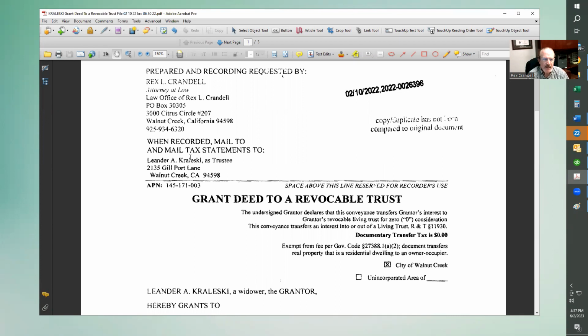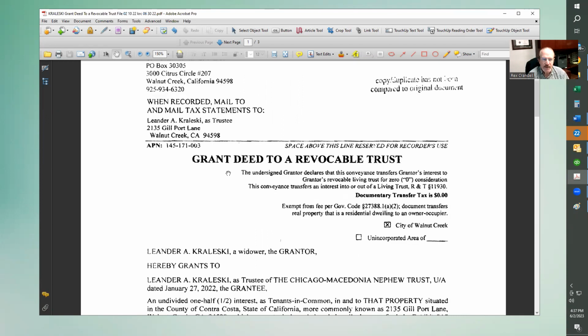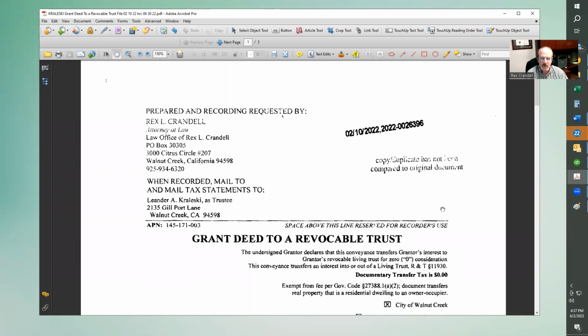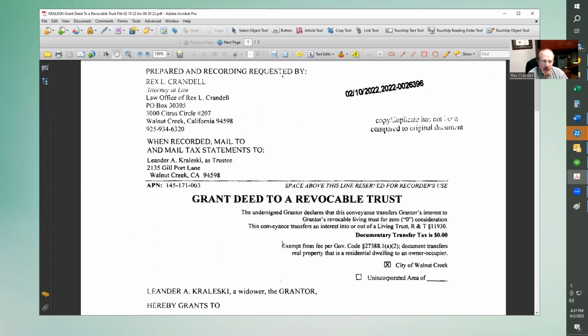And this is important. It needs to say mail tax statements to, so the county knows where to send real property taxes. You have to have this at least 3 inches for the county and some good margins, or they will not record it. Okay, in this case, we're going to be talking about granting a deed to a revocable trust.